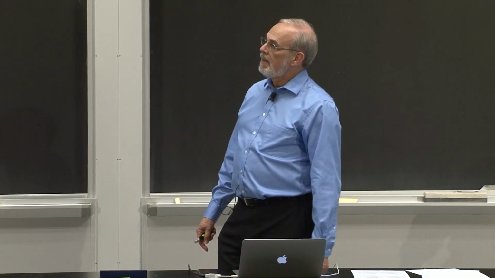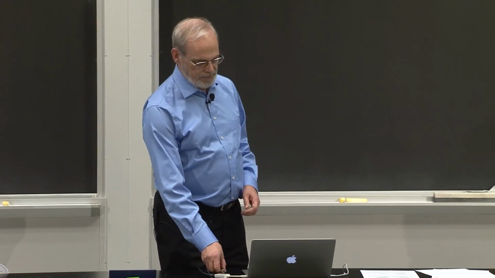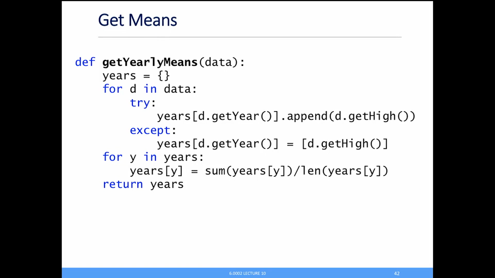Okay. Then what I want to do is get the mean high temperature for each year. Given that data, I'm going to set up a dictionary called years. I'm just going to run through a loop through all the data points, where in the dictionary under that year, so there's the data point, I use the method getYear to get out the year. At that point, I add in the high temperature corresponding to that data point. And I'm using that nice little try except.